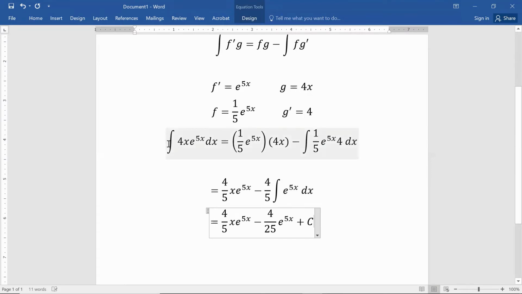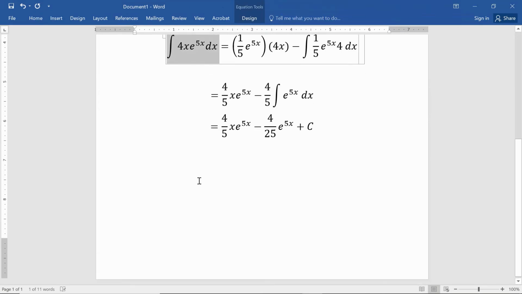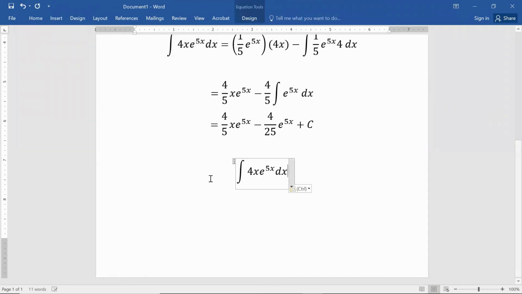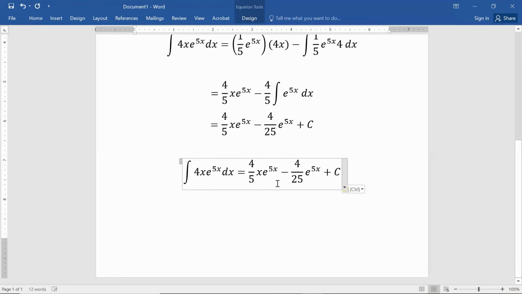And so what we're saying is that an antiderivative of 4x e to the 5x with respect to x is 4/5 x e to the 5x minus 4/25 e to the 5x plus c.